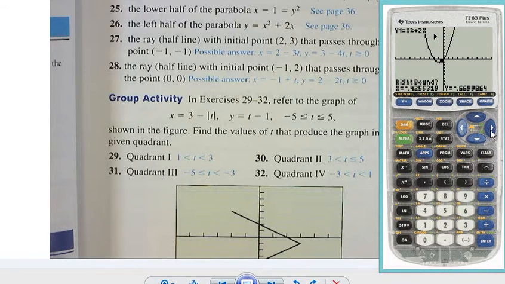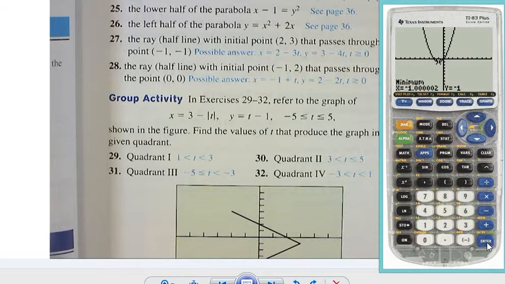But really it should be negative b all over 2a. My b term is 2, so negative 2 over 2a, a is 1. It should be negative 1, I think. Let's see. And then I'm going to guess. Okay, so my minimum occurs at negative 1.